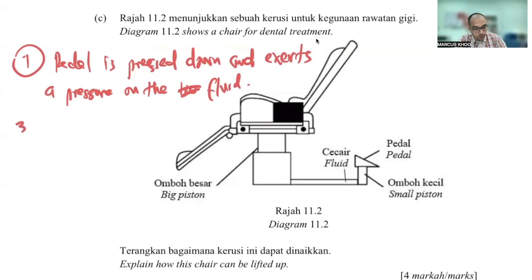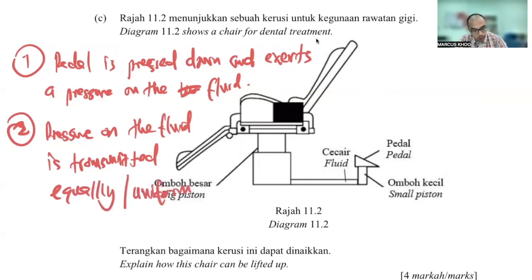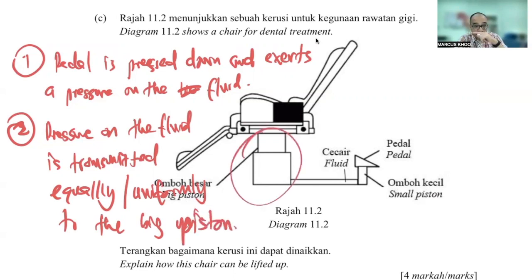Point 2, the pressure on the fluid is transmitted, or transferred, equally or uniformly, to the big piston. The big piston is the one that's over here.